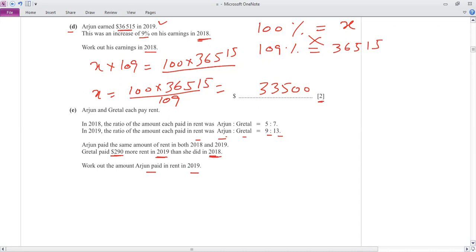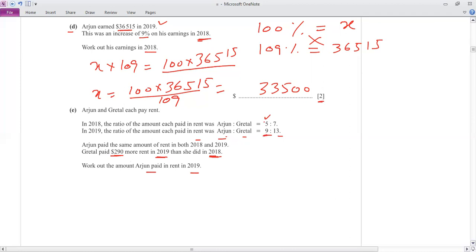First of all, what are the ratios for Arjun? Arjun in 2018 was with the ratio 5. In 2019, he was with the ratio 9. So I will do it in this way. I will consider the ratio of Arjun in 2018 was 5 and in 2019 was 9.